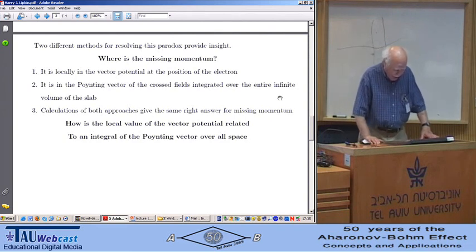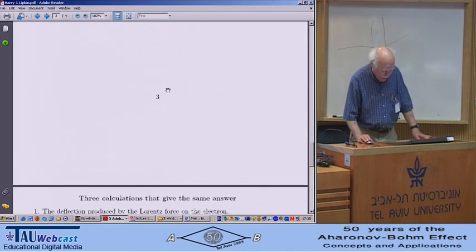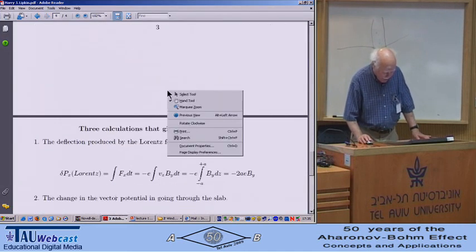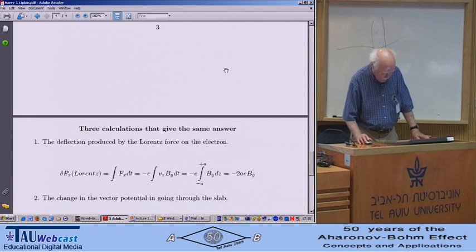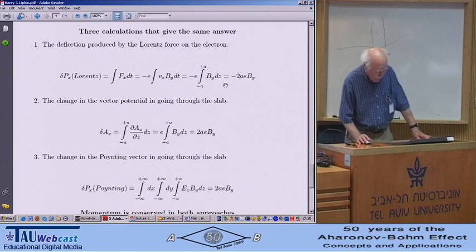And so there is the question of how the local value of the vector potential is related.